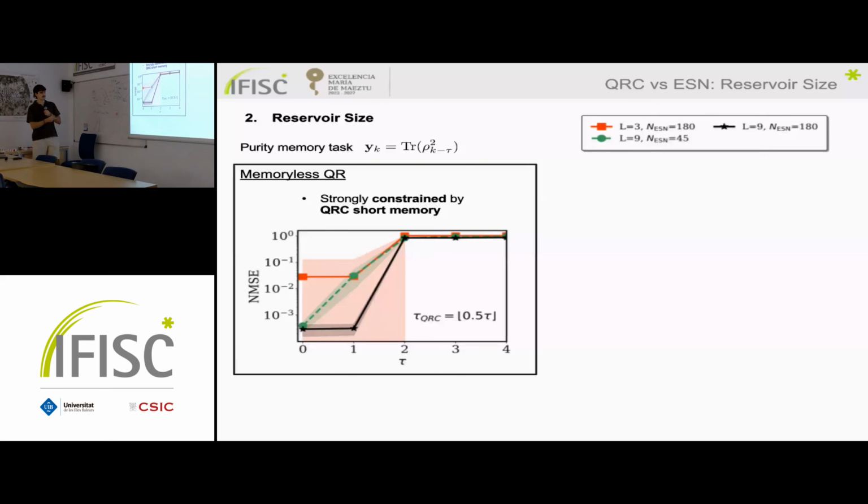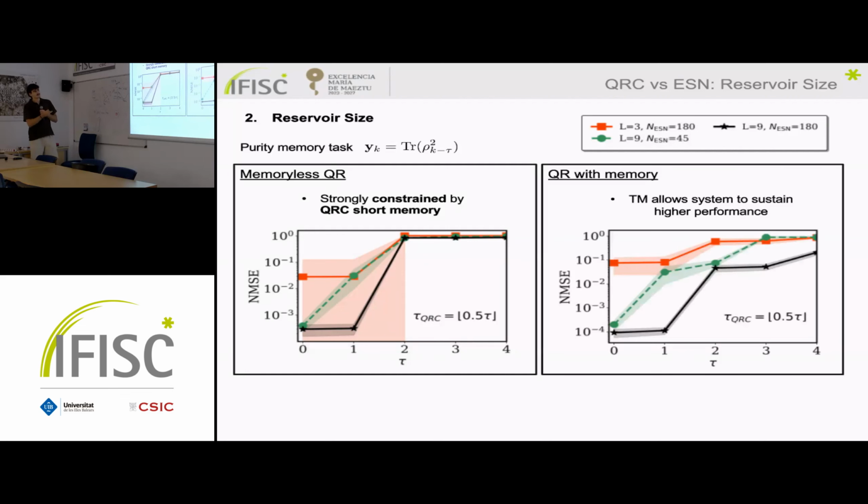So even if we increase the number of echo-state neurons, the delay at tau 2 or greater fails because there is no memory with even distribution. And if the quantum part has memory, we can see how time multiplexing allows the system to sustain a larger performance. Here, for instance, up to delay 4, we have a normalized mean squared error of 10 to the minus 1.